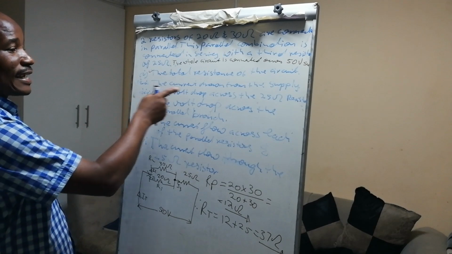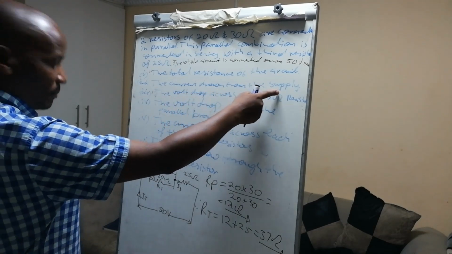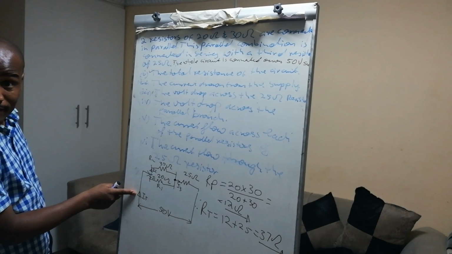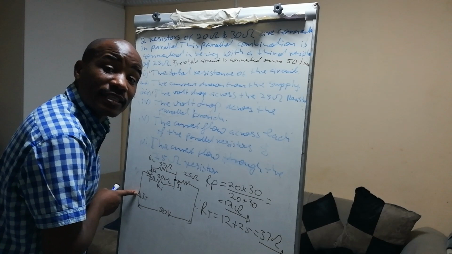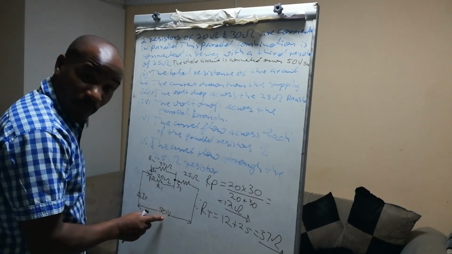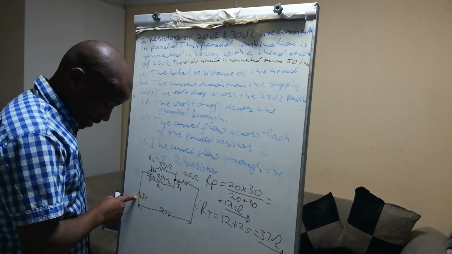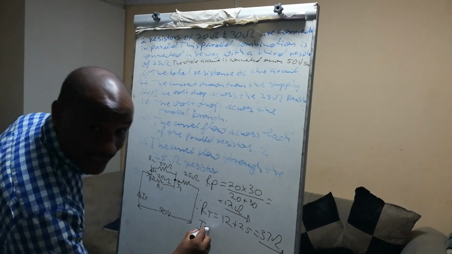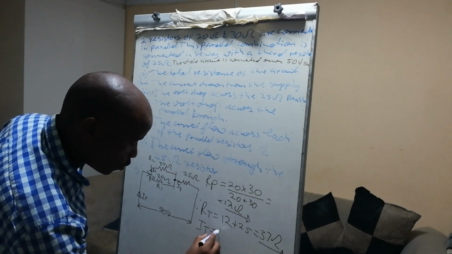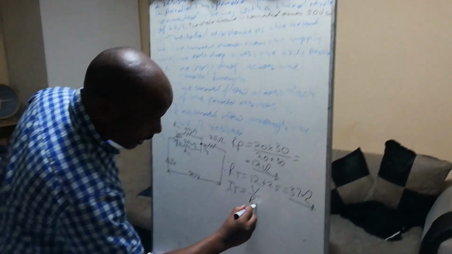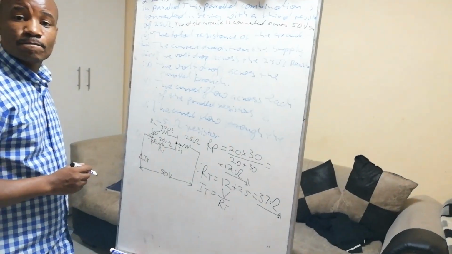Now, the current drawn from the supply is the total current, and it is equal to the supply voltage over the total resistance.